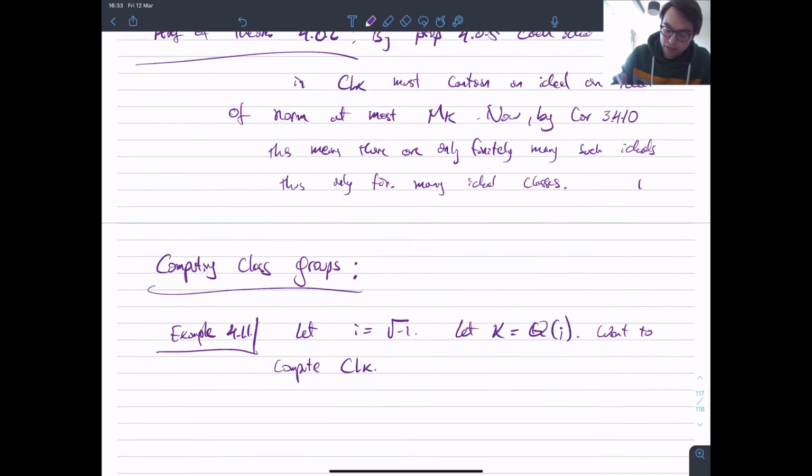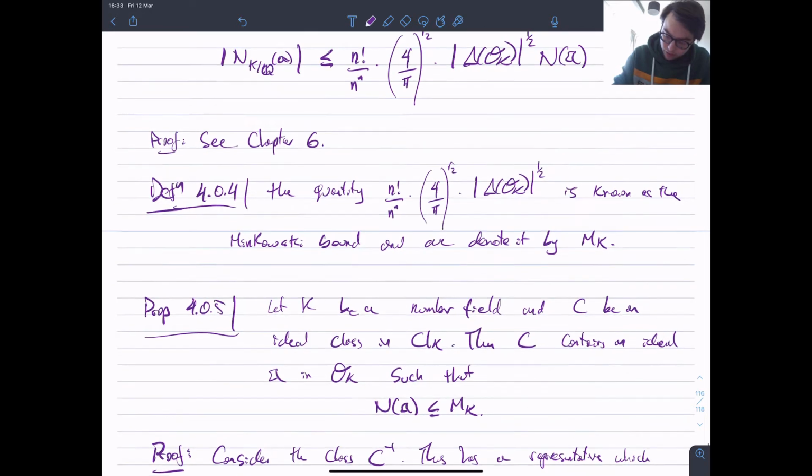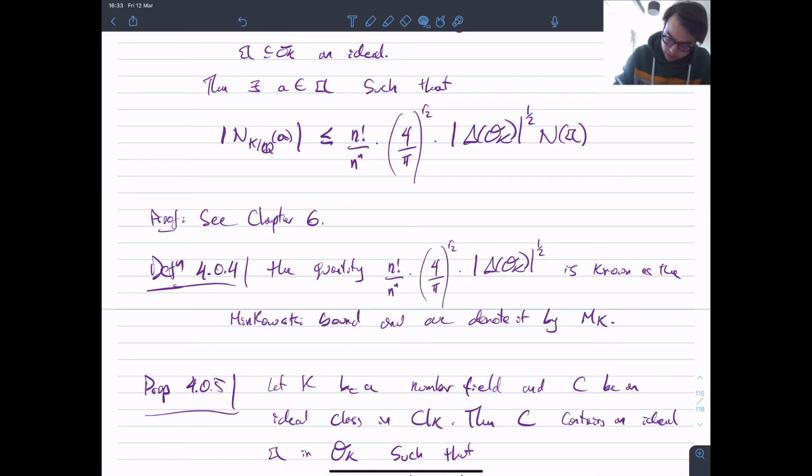First thing we need to do is calculate the Minkowski bound. I'm going to copy over the definition of the Minkowski bound so that we can just plug in the numbers.